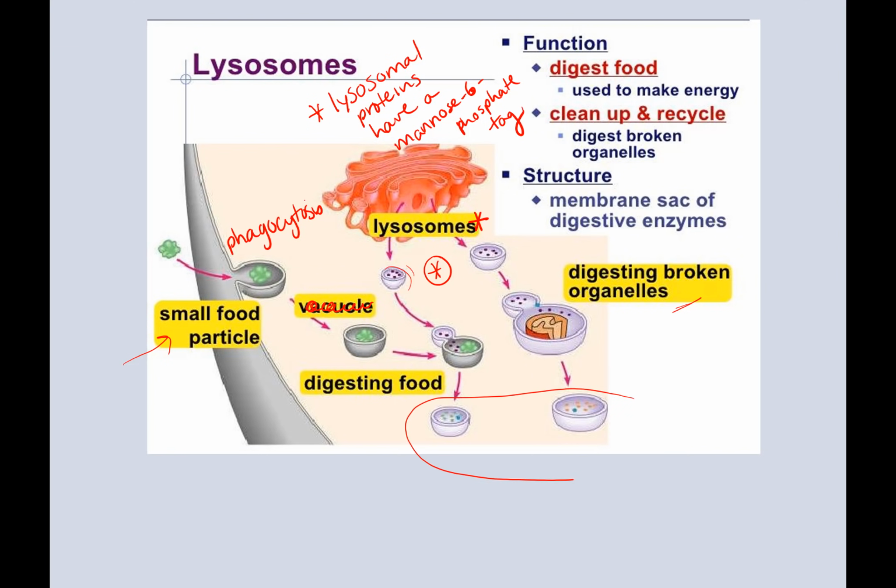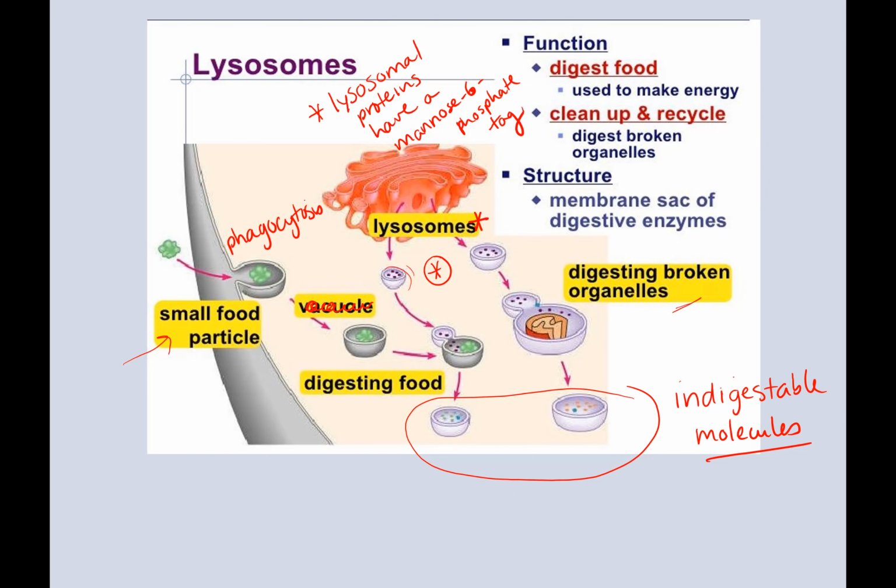At the end, you sometimes are left with indigestible molecules. Okay, stuff that your lysosome just can't break down any further. Sometimes that stuff is secreted out of the cell via exocytosis.